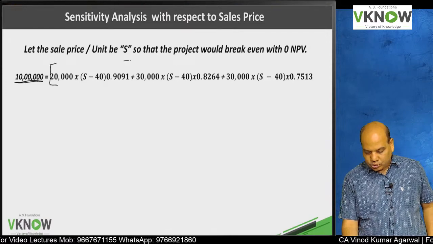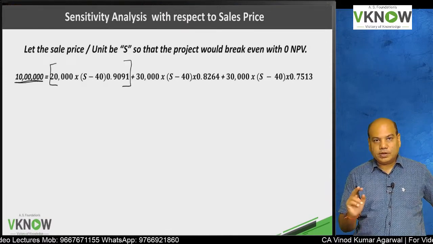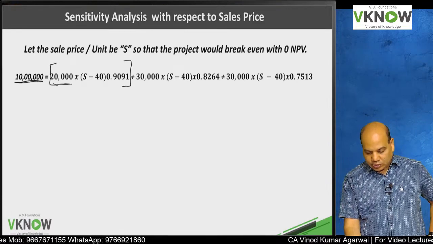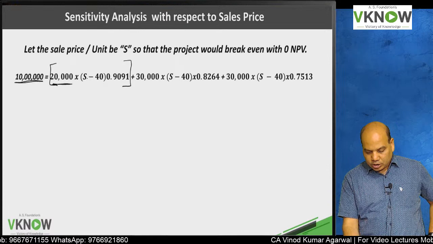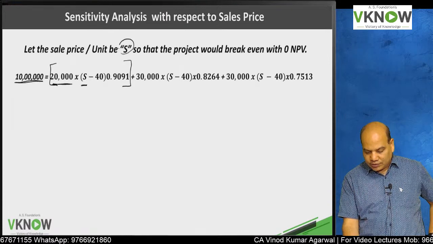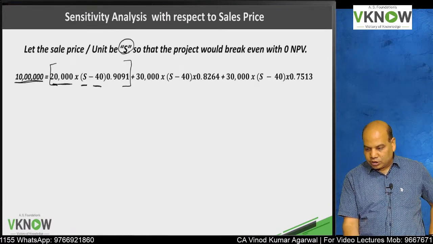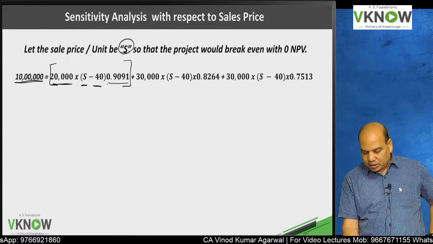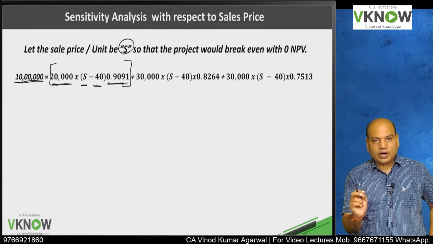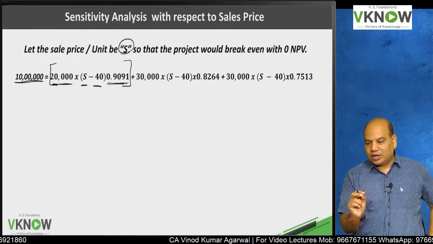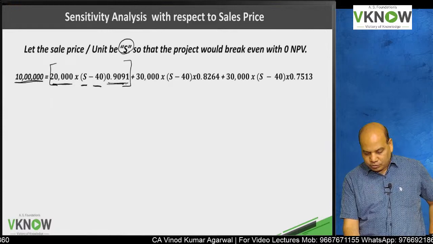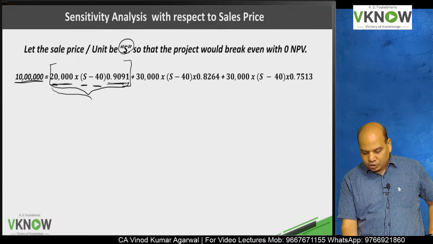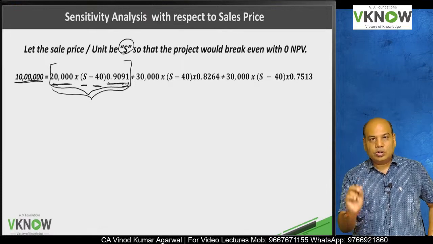The present value of cash flow of the first year: 20,000 is the unit, into selling price assumed as S minus 40 is the cost price, multiplied by the present value factor of 1 year, 0.9091. If you multiply these three numbers, this will give you PV of cash inflow of the first year.